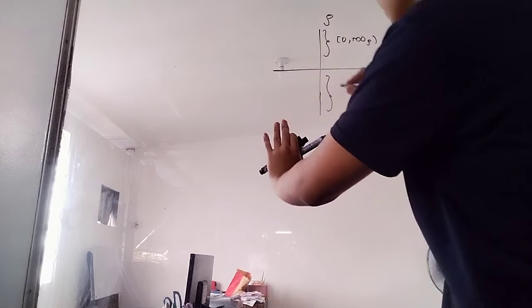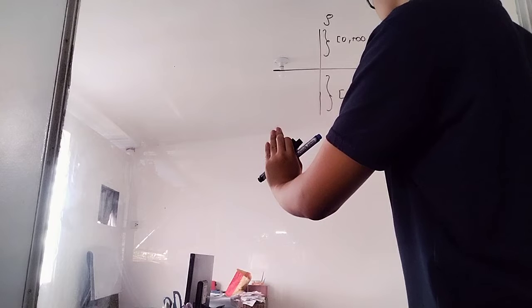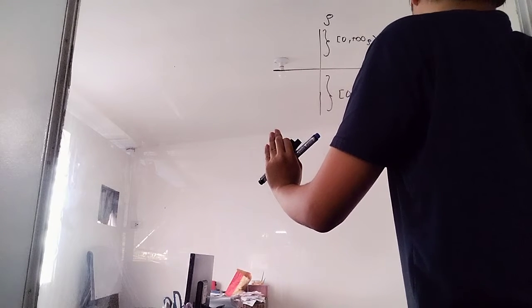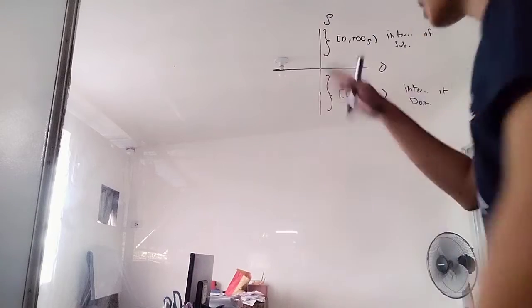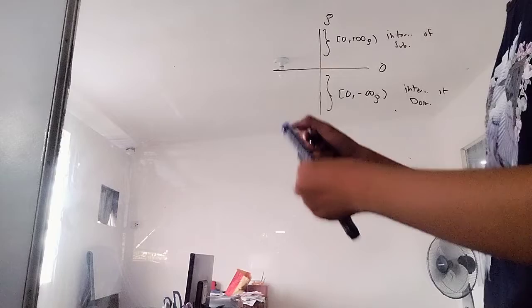And then I can define this one here as 0 to minus infinity, the interval of dominance. I can define it. You guys can do that too. It really depends on you and your instructor or your situation.